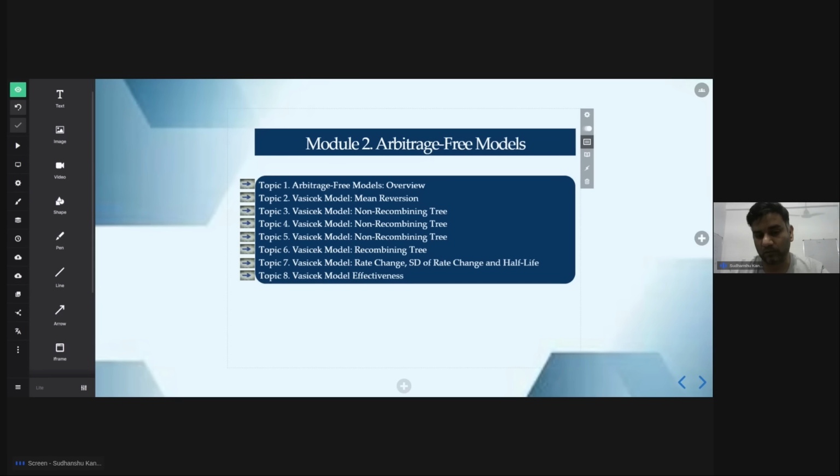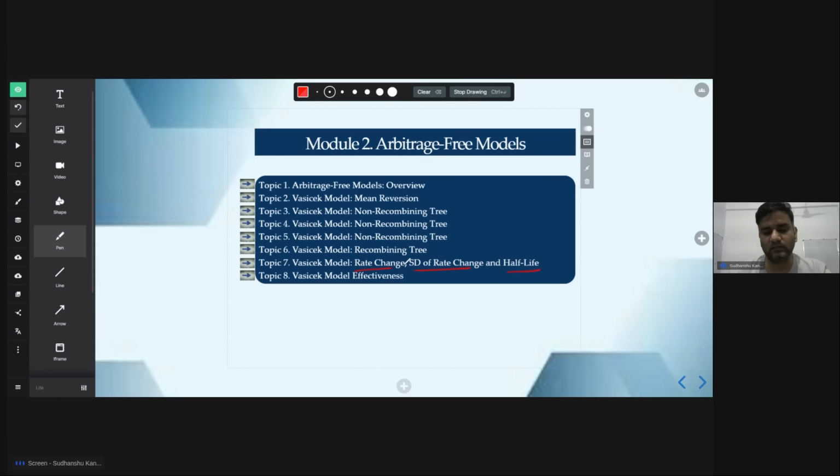Then in topic 6, we move into recombining trees, which are more practical for pricing and keep the mean reversion property while avoiding an explosion of nodes. In topic 7, we look at the rate change, standard deviation, and half-life: what is the expected rate change, what is the standard deviation of rate change, what is the half-life, and so on.